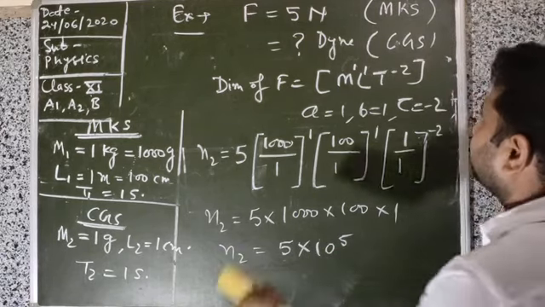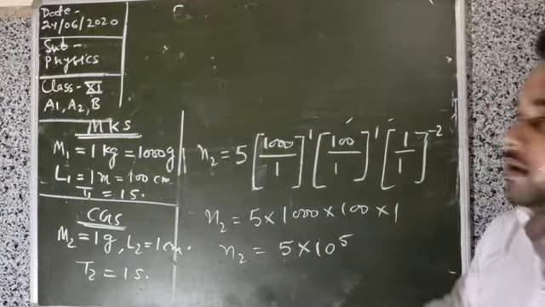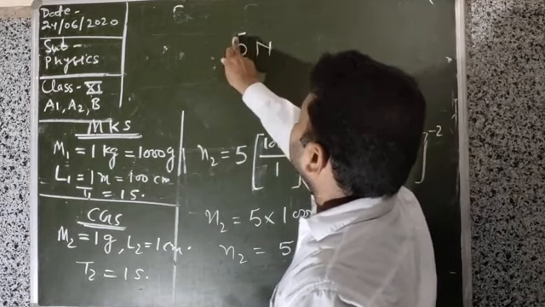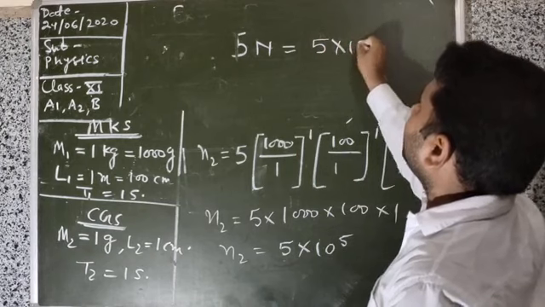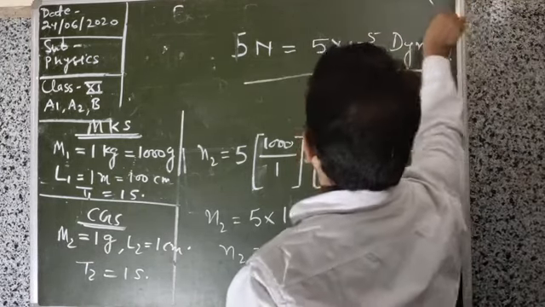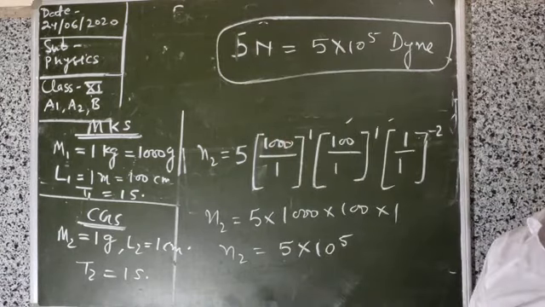Now you can summarize the solution. The solution finally came out as 5 Newton equals 5 into 10 to the power 5 dyne. So this is our solution.